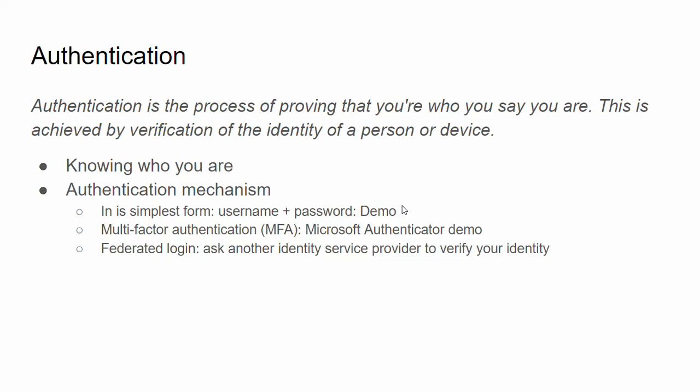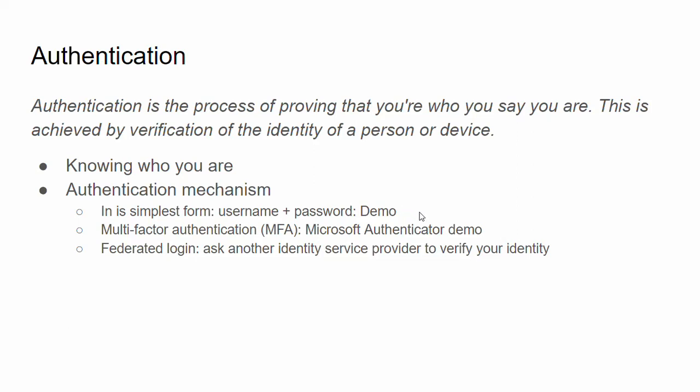If you want to think about who you are, this is identified by something that only you know or only you possess, right? So something you know, maybe a user password. Something only you possess, maybe your cell phone. In the simplest form, it's just a username plus a password, right?